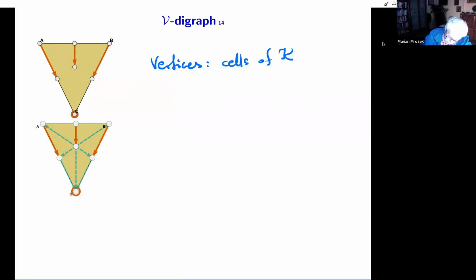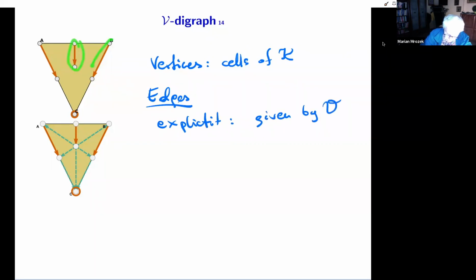And the edges are of 2 sorts. So I call them explicit, so given directly by V. So these are these orange arrows marked here.